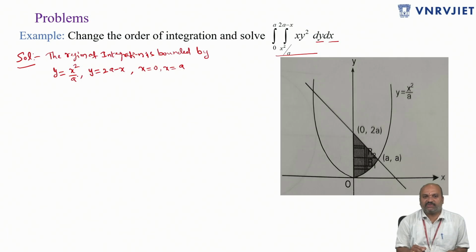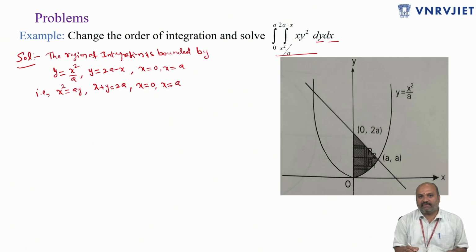Here, y equals x square by a is a parabola. By cross multiplication, this can be written as x square equals ay, which is a parabola. y equals 2a minus x means x plus y equals 2a, which is a straight line. x equals 0 is the y axis. x equals a is a line parallel to the y axis. Okay, let's identify these in the plane.